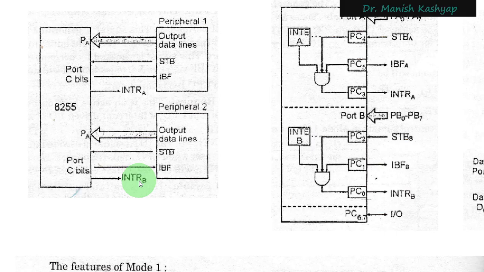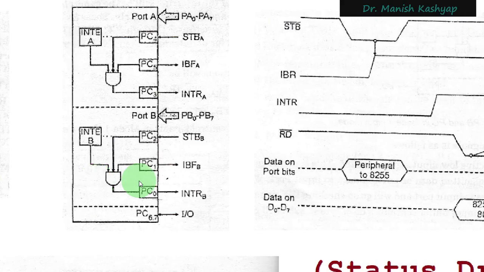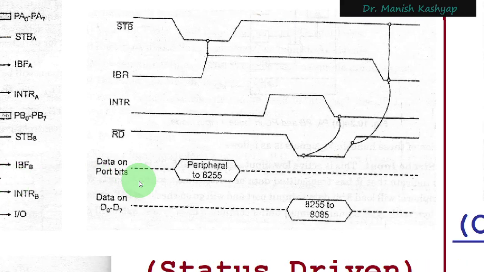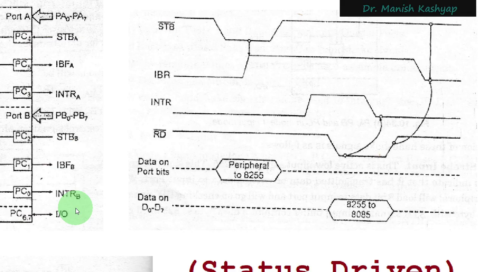Now let us come to the timing diagram of this complete situation. So this is the timing diagram for the situation that we have discussed. The first thing that happened in our discussion was that the peripheral wishes to transfer some data, right? We have seen that this strobe signal will be made on there.